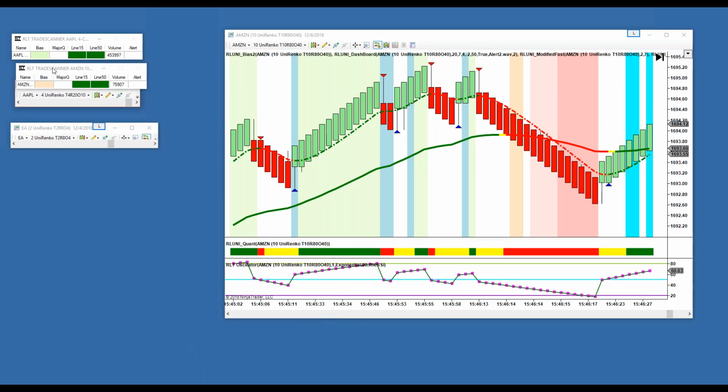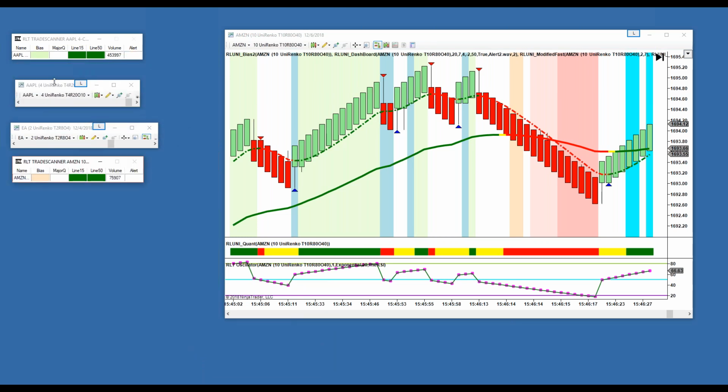If you scan too many stocks, a great problem to have, and you're going to have it, you're going to get lots of alerts at the same time. But you've got volume here, and you could potentially trade whatever stock has the biggest volume. Or if you want to trade a mid cap or a small cap, you're going to pick that stock.